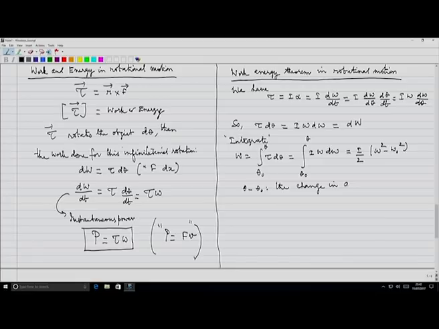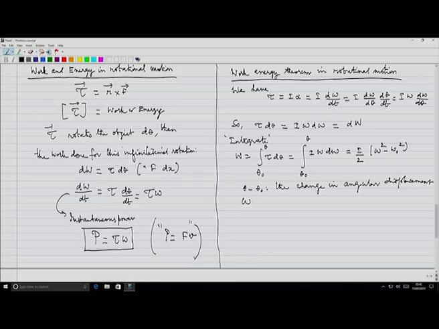When the particle is at theta naught, the angular velocity is omega naught; when the particle is at theta, the angular velocity is omega.